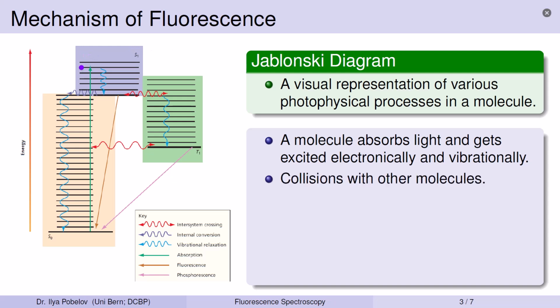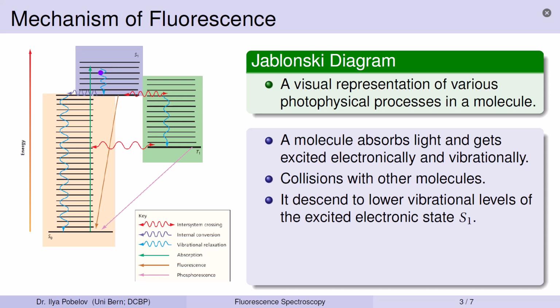As the molecule interacts with its surroundings, especially in a solution or gas, it undergoes collisions with other molecules. Through these collisions, it loses some of its energy non-radiatively, descending to lower vibrational levels of the excited electronic state.